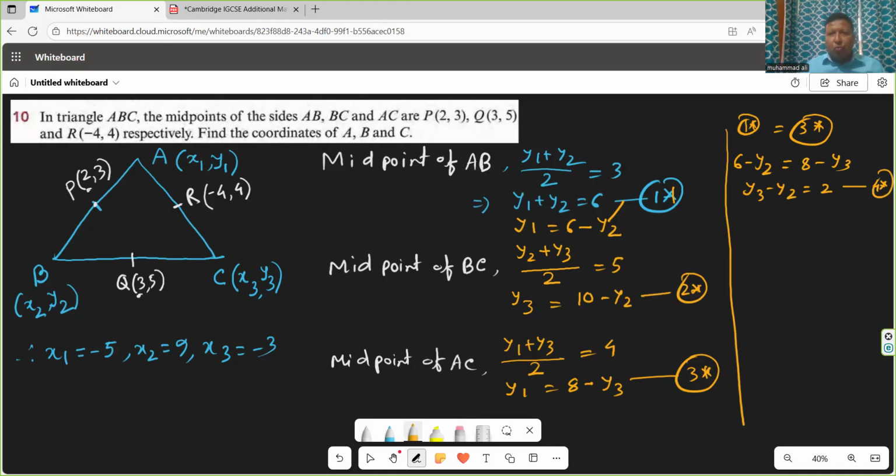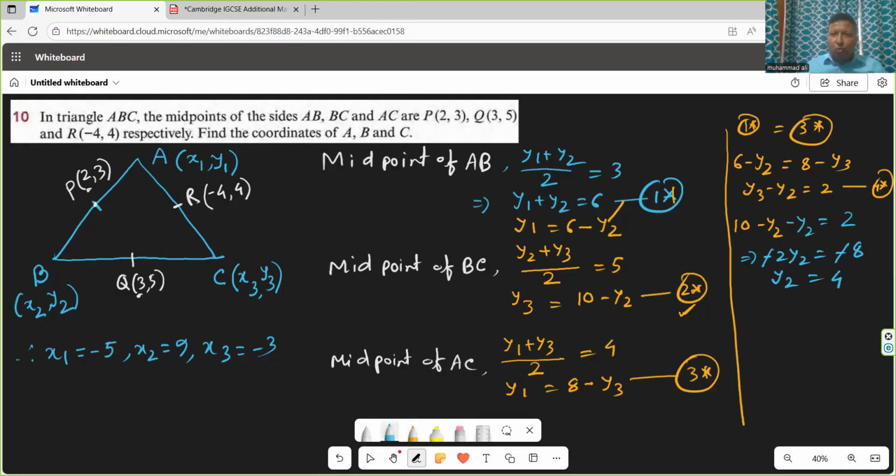Now substitute y3 equals 10 minus y2 in 4 star. So we will get here 10 minus y2 minus y2 equals 2. So it will be minus 2y2 equals minus 8. So from here we get y2 equals 4.